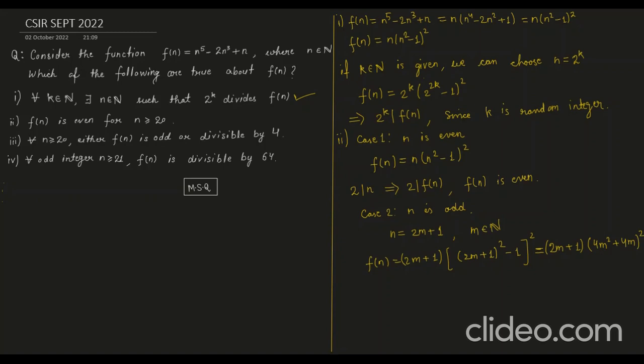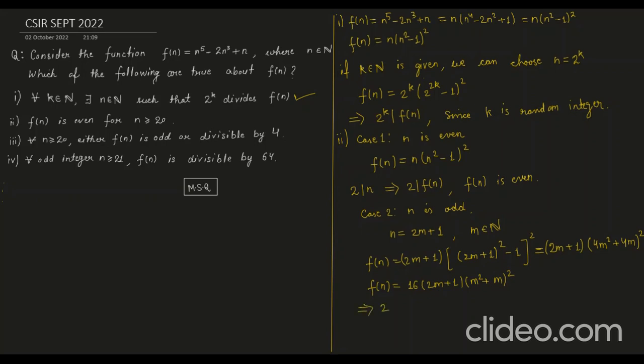Alright, and we can modify it a little and take 16 common, and then it will become 2m plus 1 times m square plus m whole square. Alright, clearly the right hand side is divisible by 2, so the left hand side is also divisible by 2.